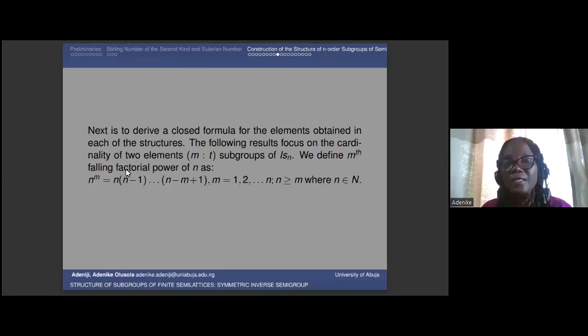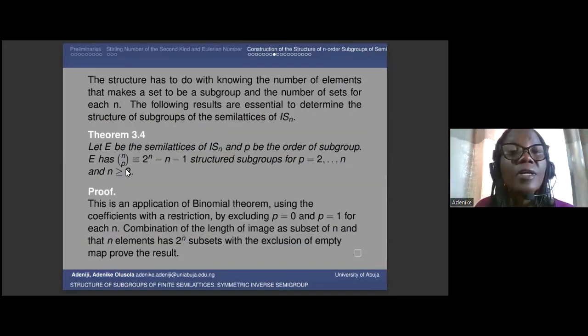So we now want to derive a closed formula for the elements obtained in each of the structures. We have seen the number of structures that subgroups, that is semilattices of ISn, can have in terms of its subgroups to be n combination p. So for instance, if n is 1, it can only have one zero structure, that is, 2 raised to 1, 2 minus 2, that's 0.